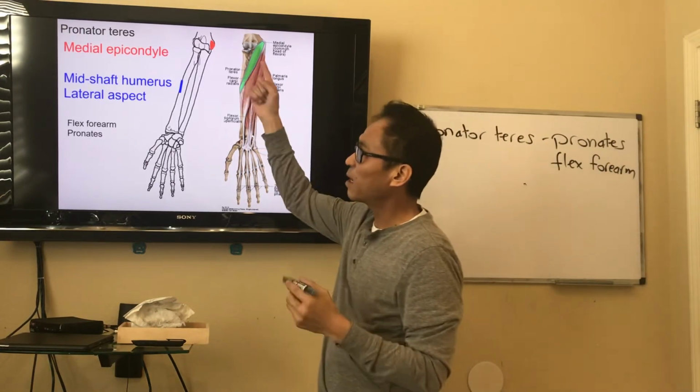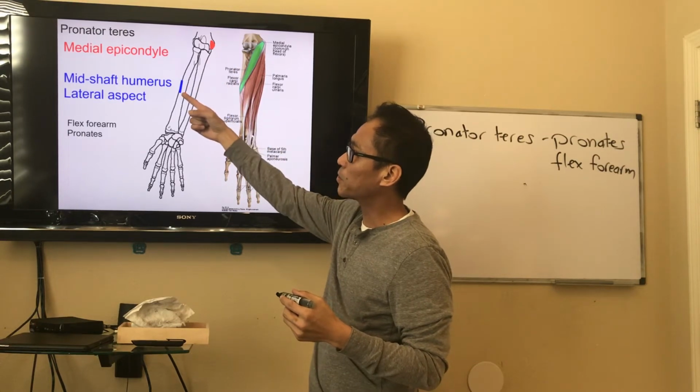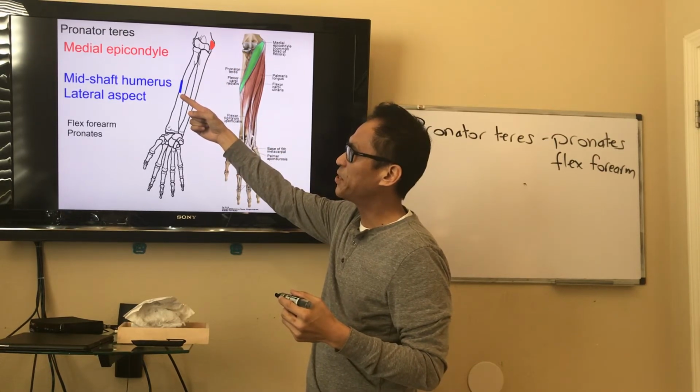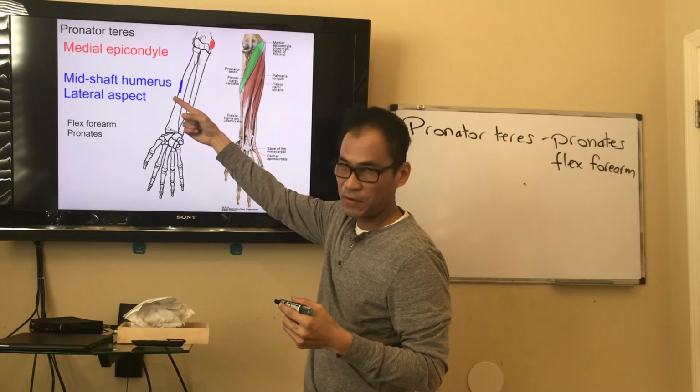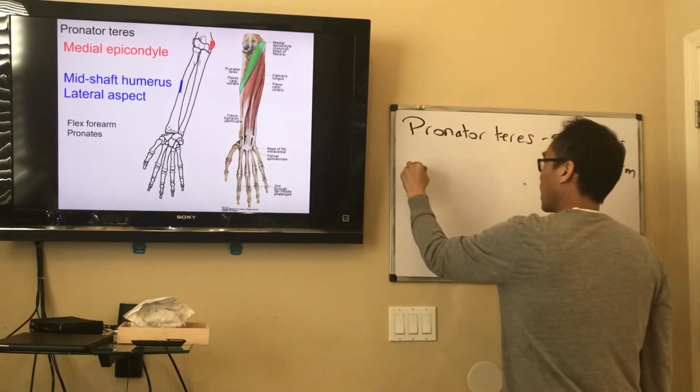It originates, again, they all originate from the medial epicondyle. It's going to insert at the radius, mid-shaft, lateral aspect, just like I have there, okay? And I'll take my time, I'll list it here.